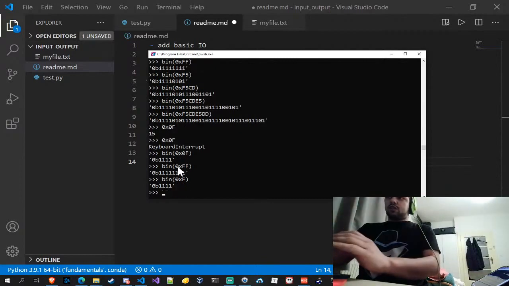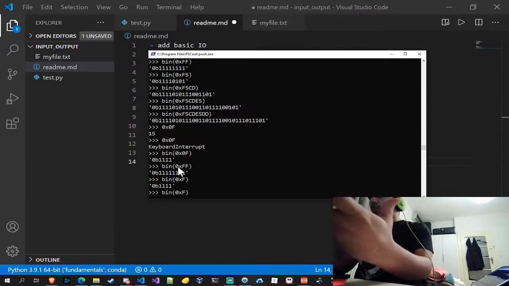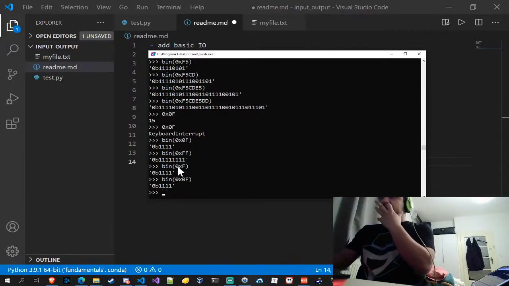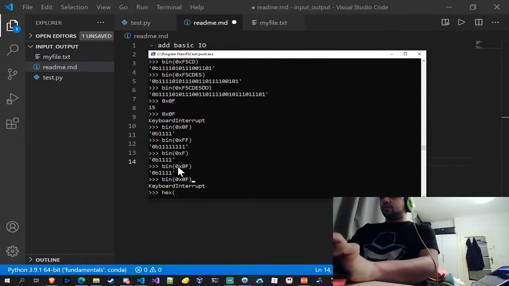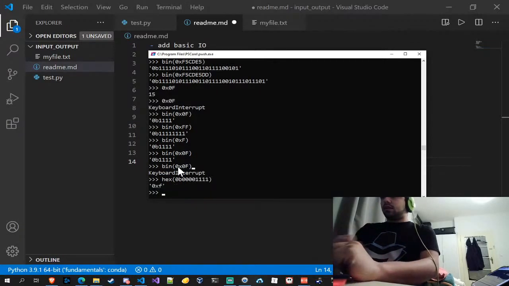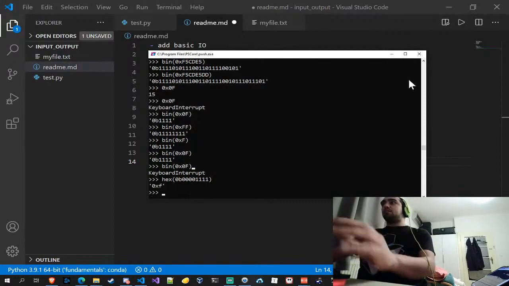But sure, if you have 0xf, you can say that this is not a byte. It's half a byte, right? But again, if you do hex of 0b, it's still going to be 0xf, and this is a byte technically, right? It just has zeros there. But yeah, hopefully that was understood.